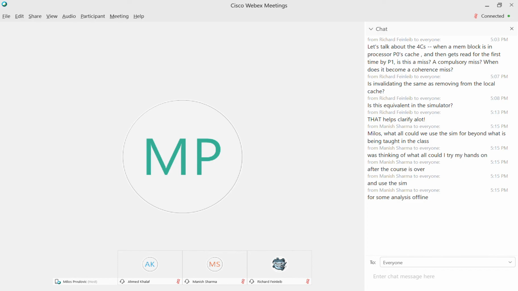And the answer is pretty much what the simulator was designed for: it was designed to allow you to experiment with what we call architectural changes and microarchitectural changes, which means if you want to change, for example, how the scheduler of the instructions works, or if you want to try out a new branch predictor, like you come up with a way of predicting branches, and you want to check whether it actually predicts branches better than some of the other ones, and also whether it actually leads to performance improvement.